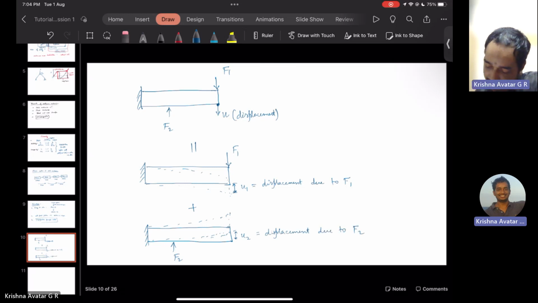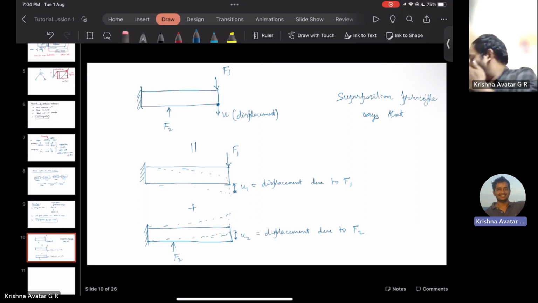Now the superposition principle says that U is equal to U1 plus U2.